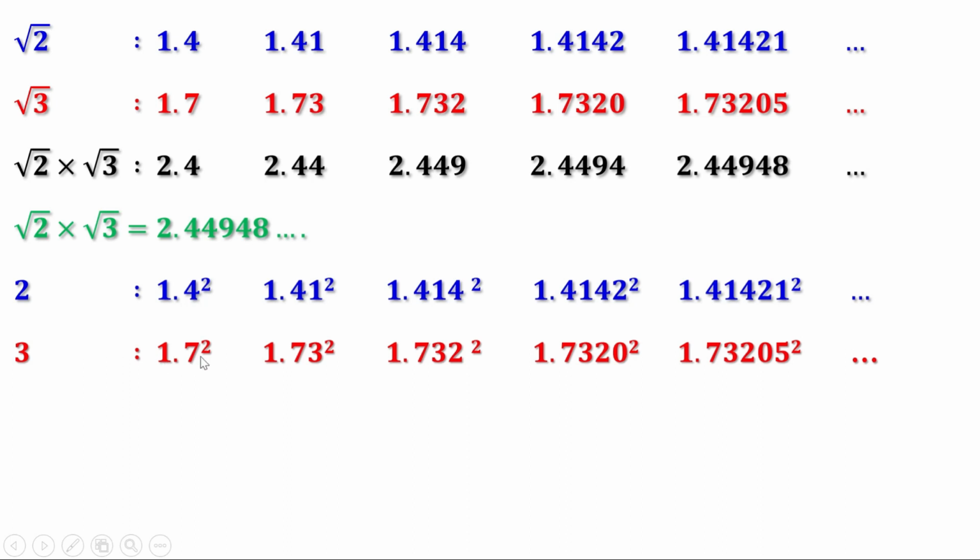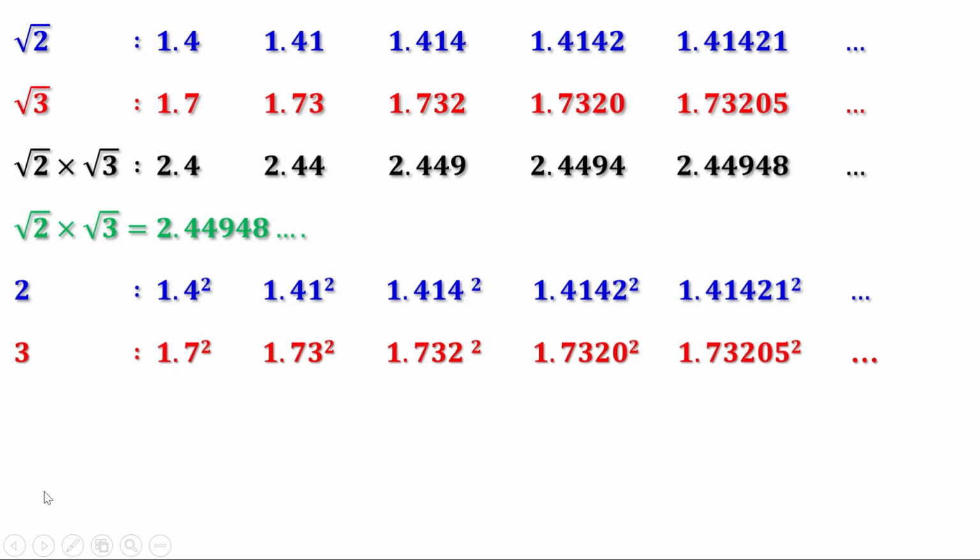1.4 square into 1.7 square is equal to 1.4 into 1.7 all square. 1.4 into 1.7 is 2.4. Therefore, 1.4 square into 1.7 square is 2.4 square. Similarly, 1.41 square into 1.73 square is 2.44 square.